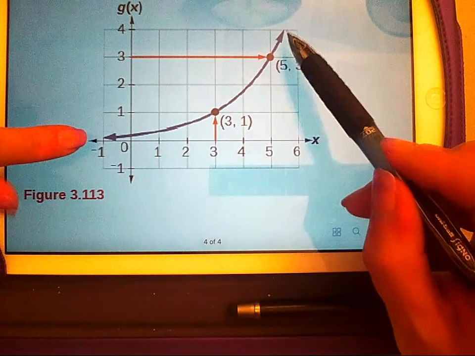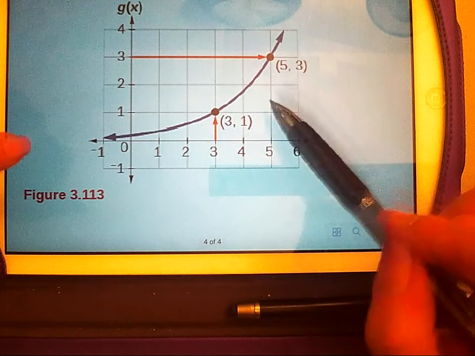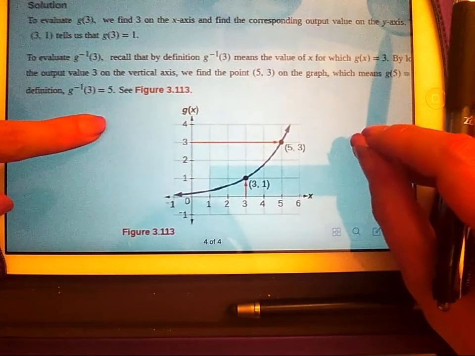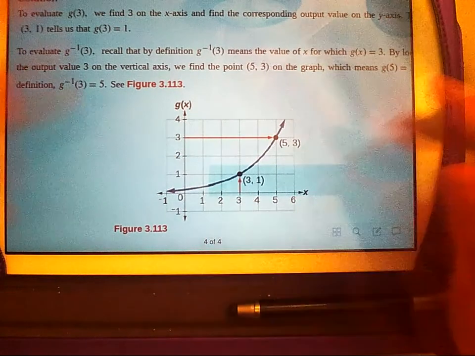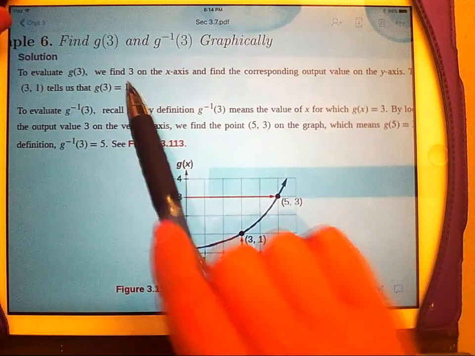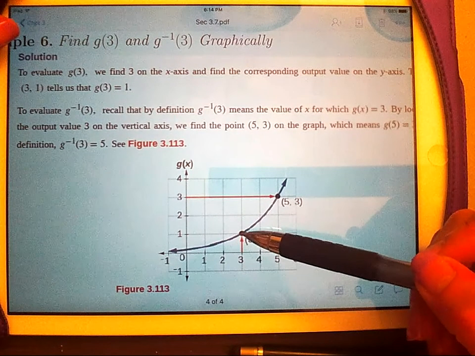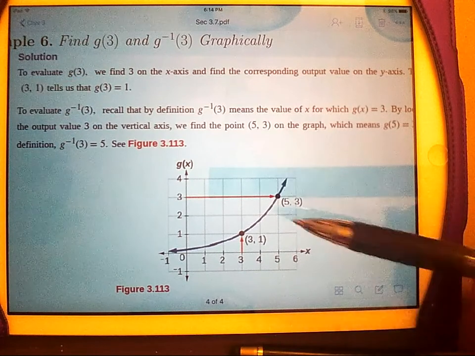So when you're given the graph of a function and asked about the value of the inverse, remember to flip-flop those points. Okay. So here's our solution. To evaluate g of 3, we find 3 on the x-axis and find the corresponding output value, which is 1. So that tells us g of 3 is 1.